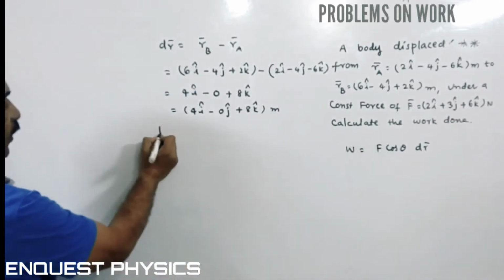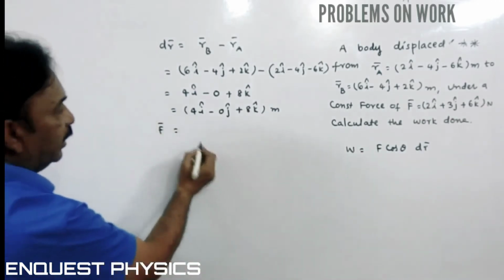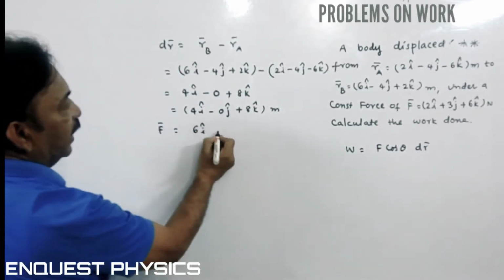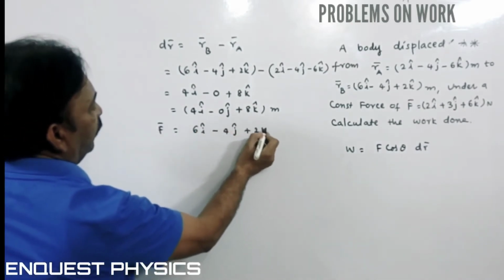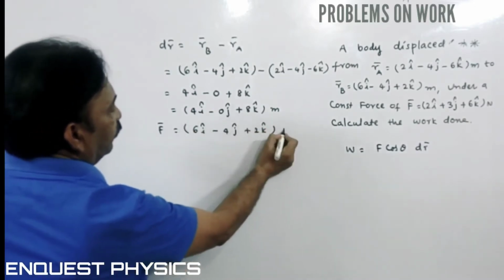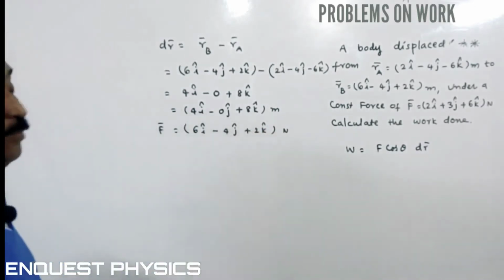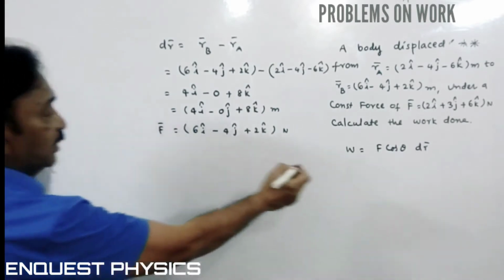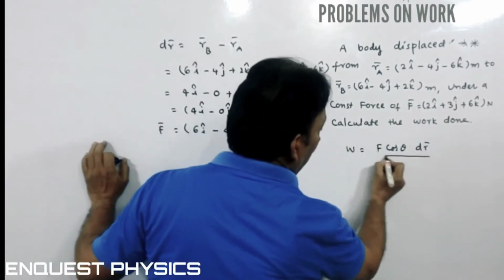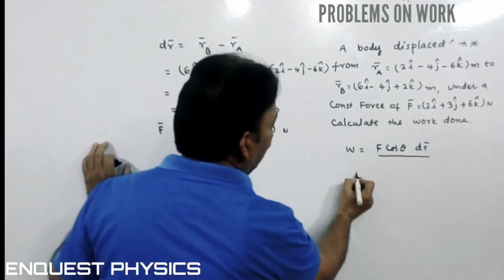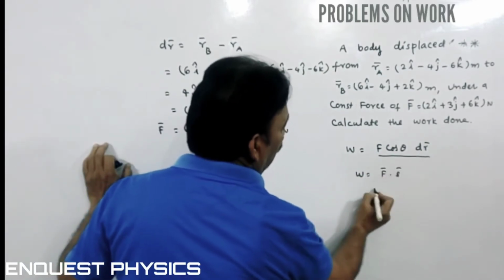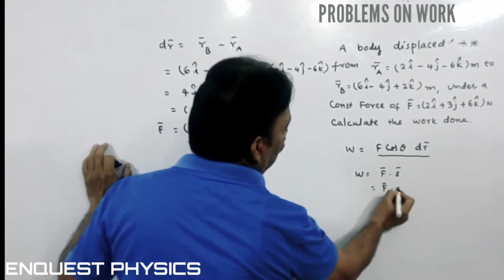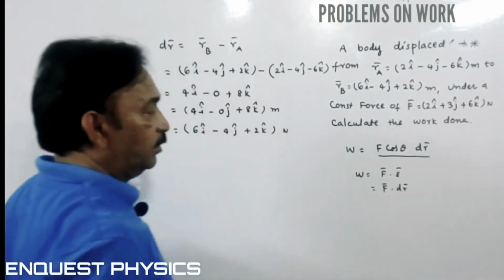and we had the force vector F bar is equal to 2i cap plus 3j cap plus 6k cap Newton. Okay students, and you know that work done is equal to F cos theta into dr, or we can write work done is equal to F bar dot s bar, that is F bar dot dr bar.